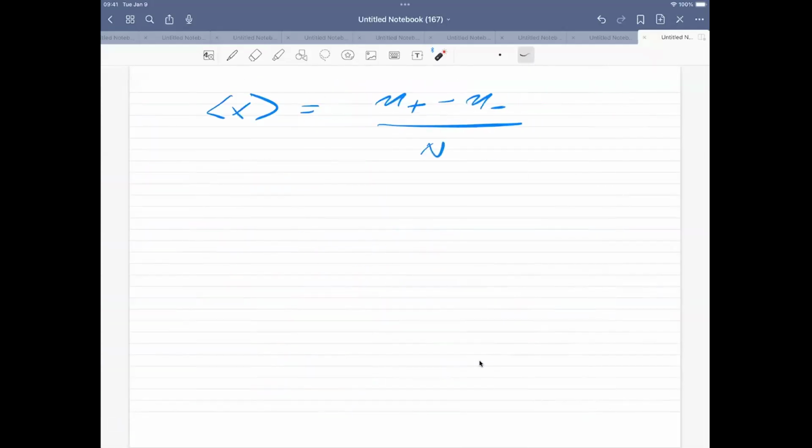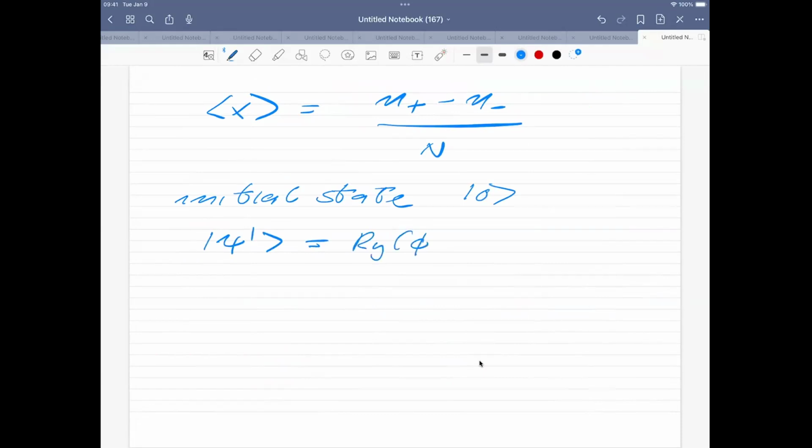So what we have done now is to take an initial state, which we prepare. This is a 1 qubit system, and this initial state is just given as qubit 0. And then we are obtaining a new state, psi prime, and this is going to be given by a rotation around an angle phi, and then the rotation around an angle theta, times 0.